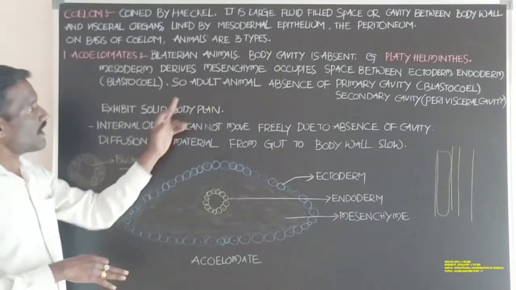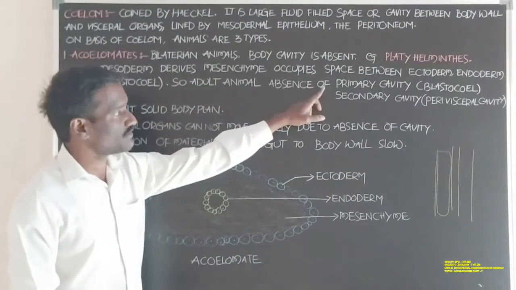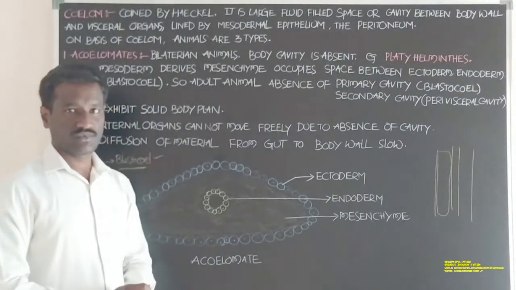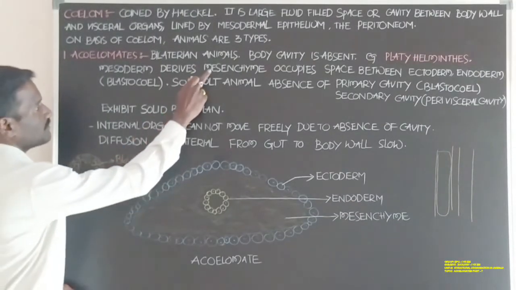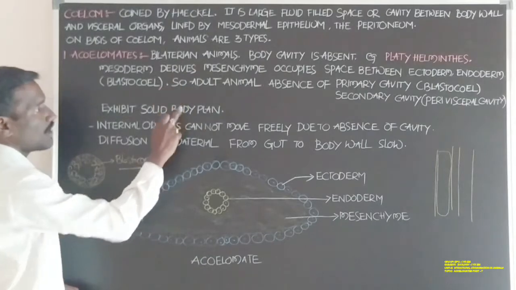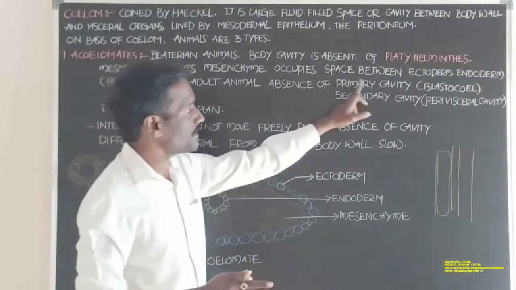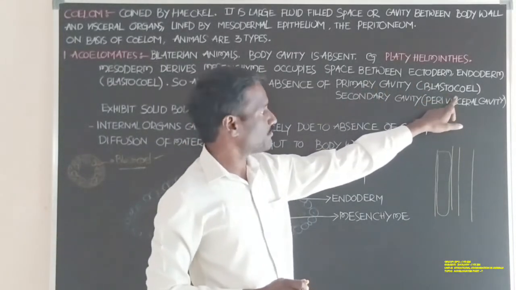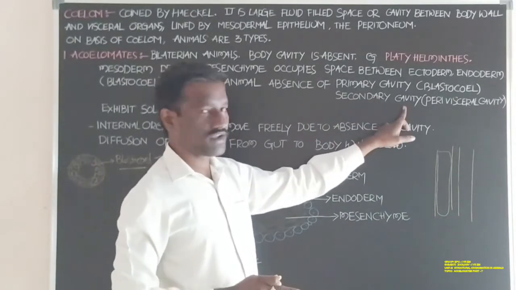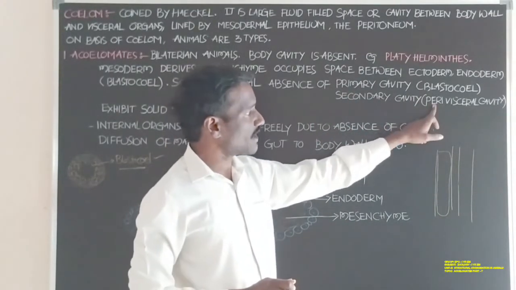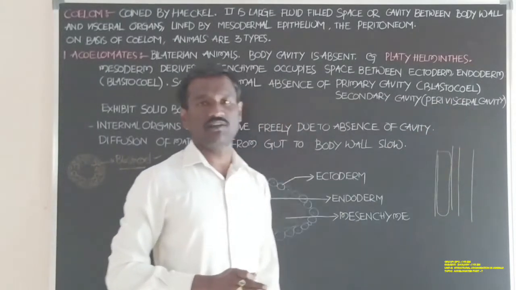In the adult animal, the primary cavity is absent because the blastocoel portion is occupied by the mesenchyme fluid. So the adult animal is without the primary body cavity, the blastocoel, and also without the secondary body cavity, that is, the coelom, true coelom or perivisceral cavity.